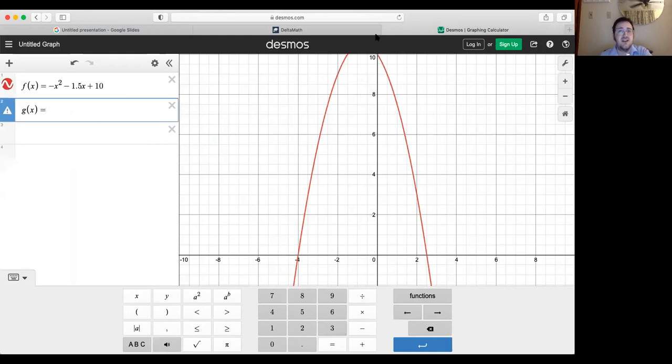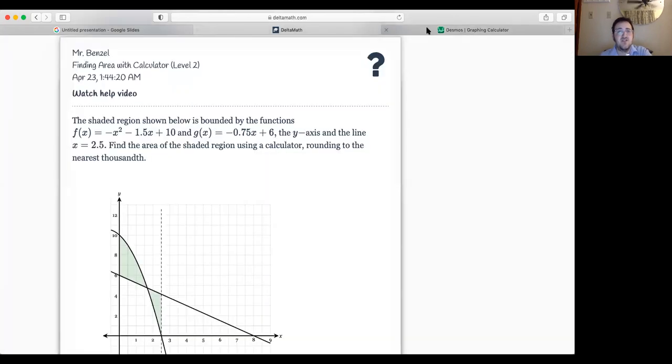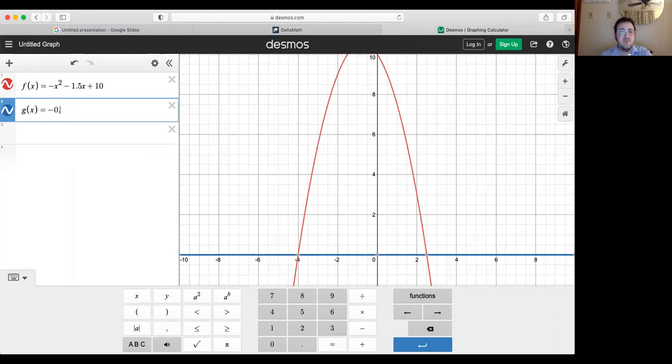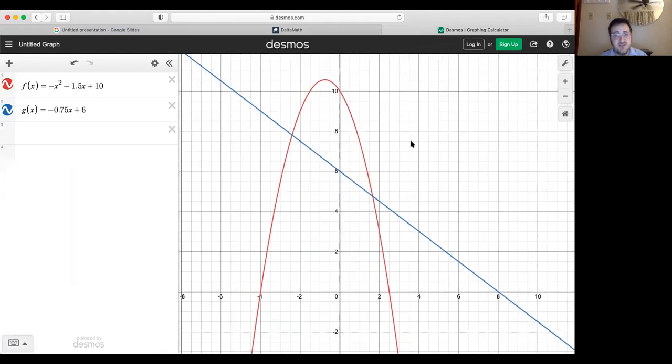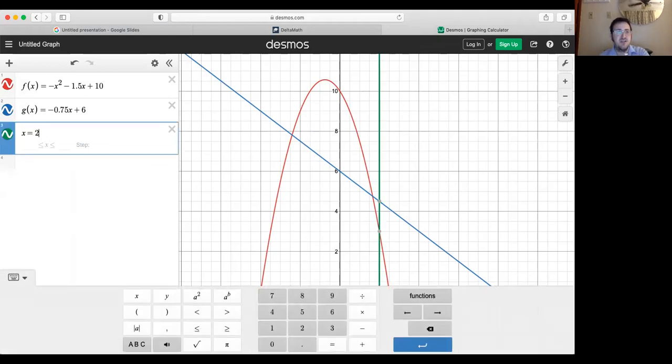And then our g of x is negative 0.75x plus 6. And it is giving us the boundary of 2.5. Well, I'm going to put x equals 2.5. And we don't need to worry about this step thing.